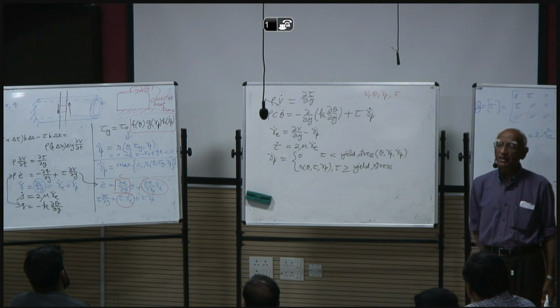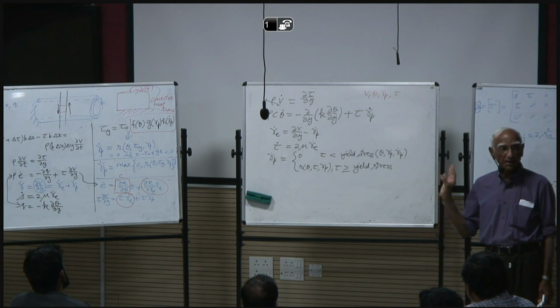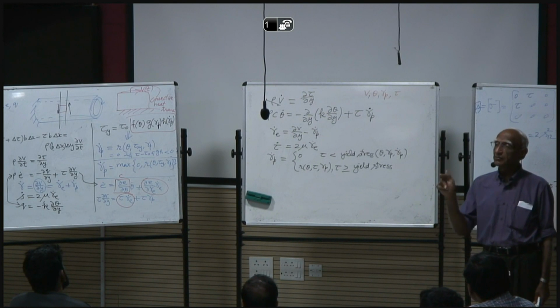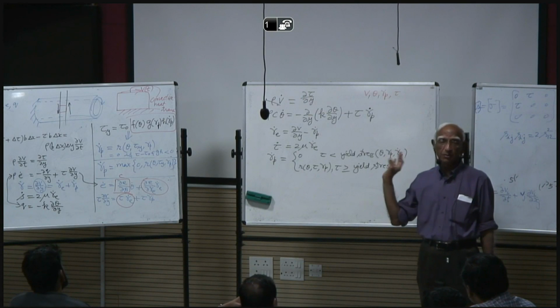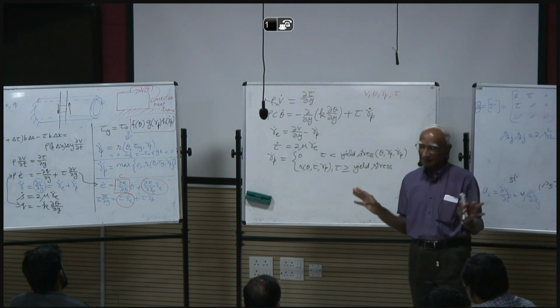Depending upon the convective heat transfer law, you will have that. Then you need the convective heat transfer coefficient. That will depend upon the velocity of the air you are flowing over it. So there are many factors involved.